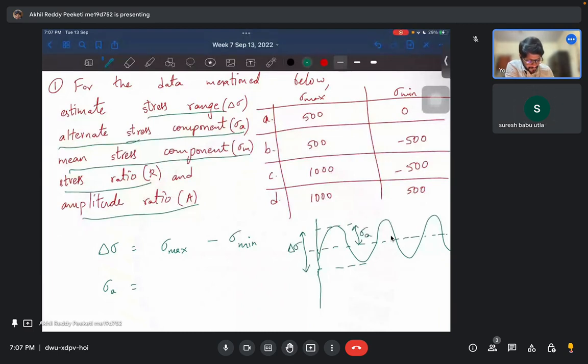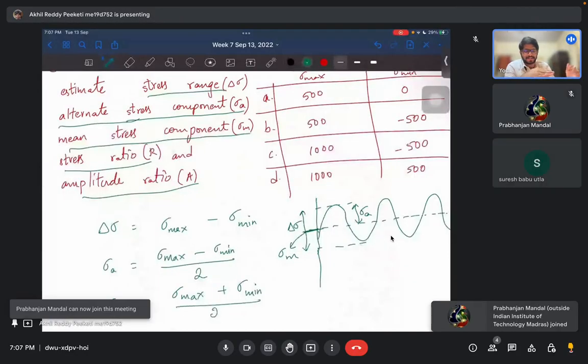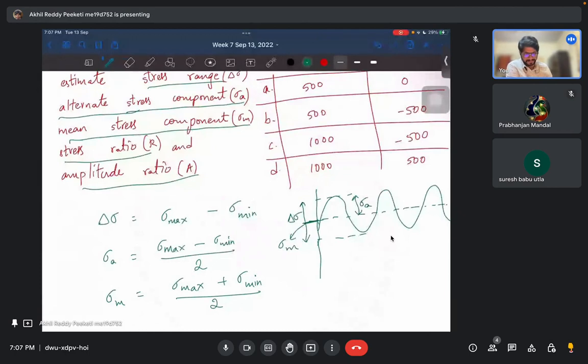So this is sigma m, and sigma amplitude in this case would be the range by 2, so sigma max minus sigma min by 2, and the mean would be the average. It basically means that about some mean value, your stress is changing. That is why it's called alternating stress component, or in our case we can just say amplitude. Both are same.